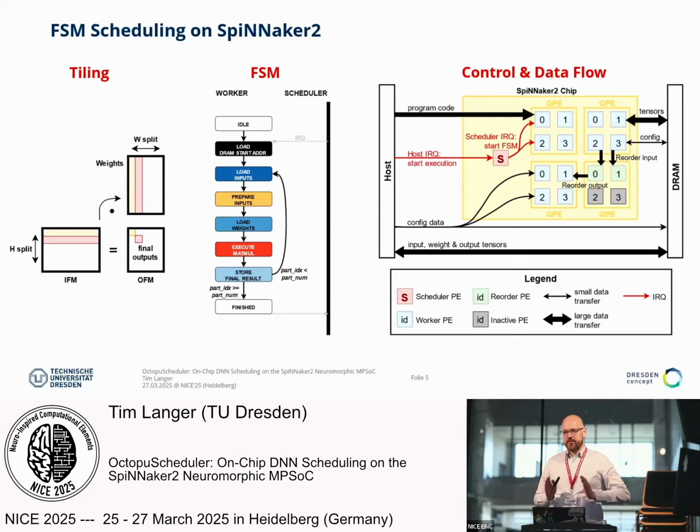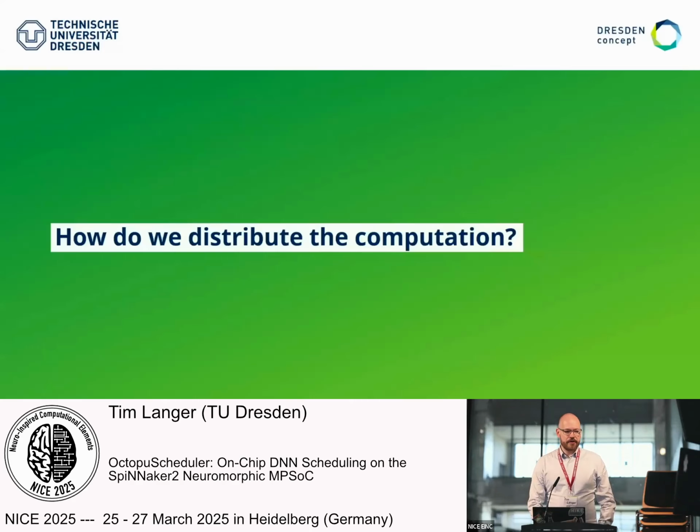And then from the host, we trigger the scheduler, which is kind of the manager that orchestrates the other PEs that run the layer, which we call workers in this case. So the host triggers the scheduler on the chip, and then the scheduler triggers these workers, which start to load the required data, run the computation, and once they're finished, they give a signal to the scheduler that they finished. And once all workers finished, then the layer is considered also finished. So this is roughly how this works.